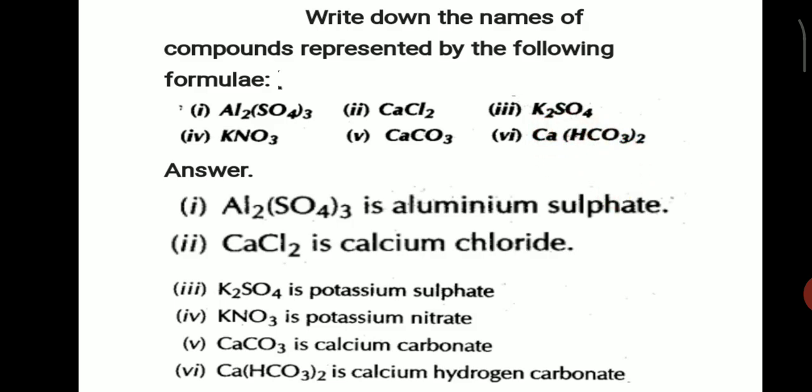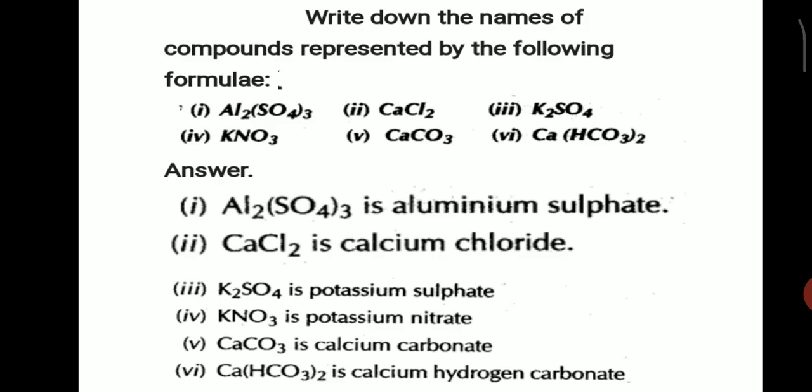We already studied the table of some polyatomic ions. Joining the metal, the name becomes calcium hydrogen carbonate. I will give you some homework to do the names of compounds.